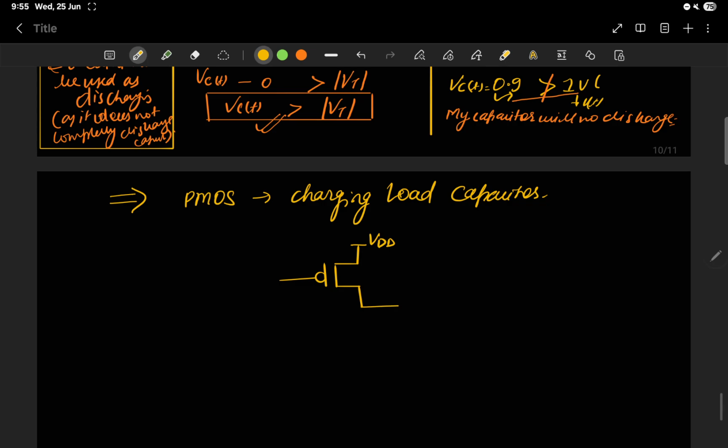You already know how to draw the circuit for charging a capacitor. Okay, so like this.